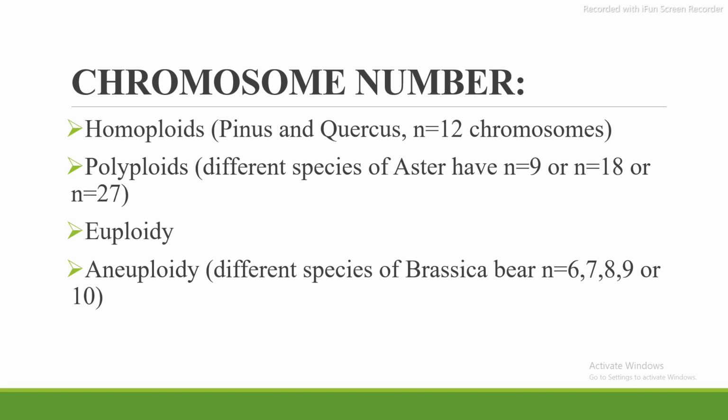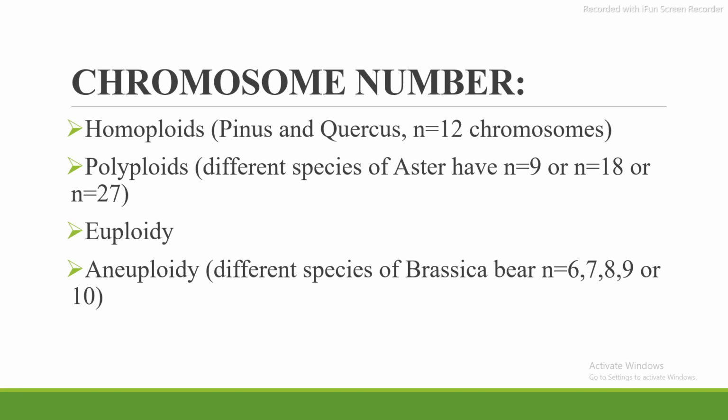Second is polyploids. Polyploidy is the heritable condition of possessing more than 2 complete sets of chromosomes. Different species of Aster have n equals 9, n equals 18, or n equals 27. On the other hand, euploidy.